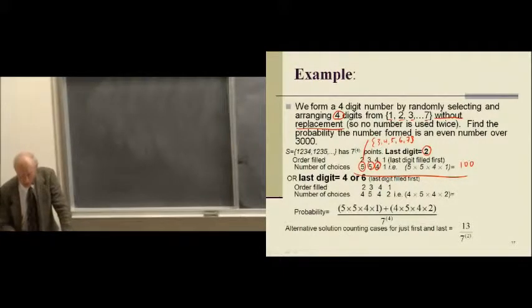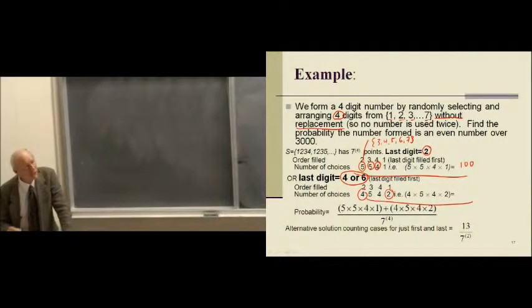But there's another possibility. The last digit is either a 4 or a 6, and I have to treat that differently. Get used to it. Sometimes you have to break problems into half. If you're lucky, each half is not that complex. If I pick the last digit as a 4 or a 6, well, I have 2 choices for the last digit, 4 or a 6. But what have I got left now for the first digit?